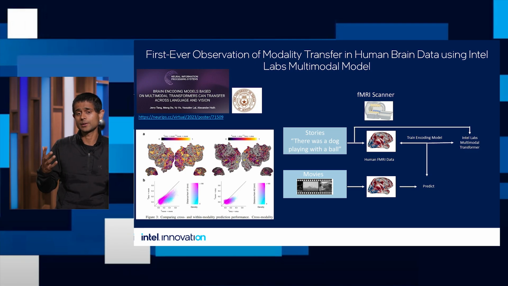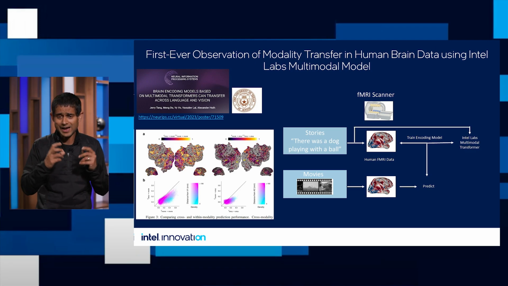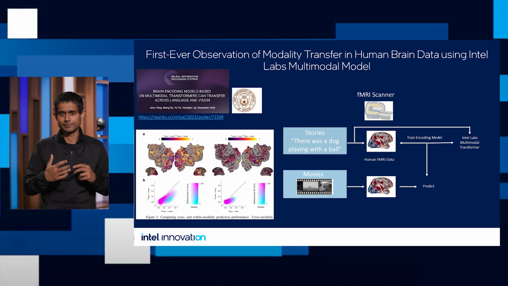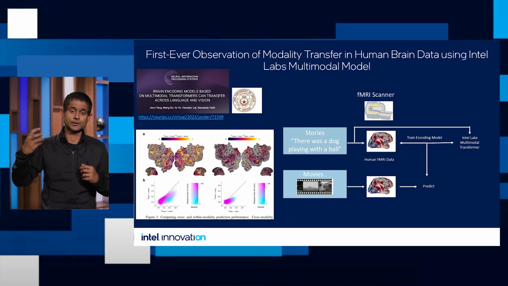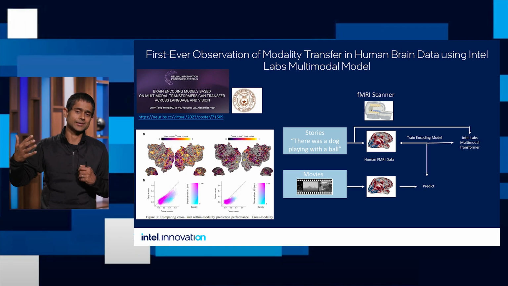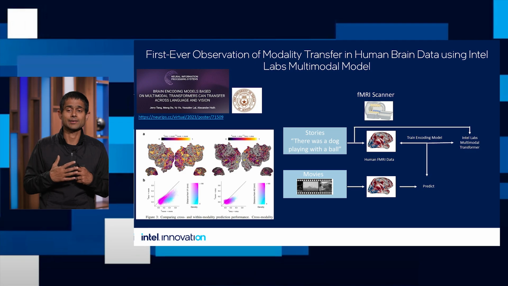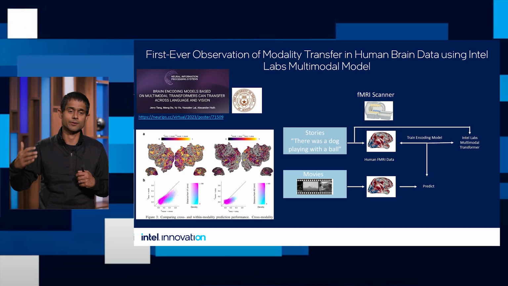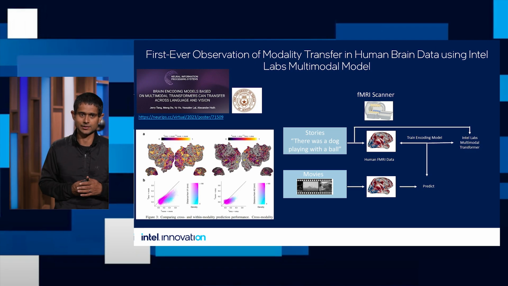Now, this will only work if both the human brain and the multimodal transformers developed in our team have these amodal concepts. So if we encounter the concept of a dog either in a story or in a movie, it activates similar patterns in the human brain, and it activates similar patterns in the multimodal transformer models that we've developed in our team.